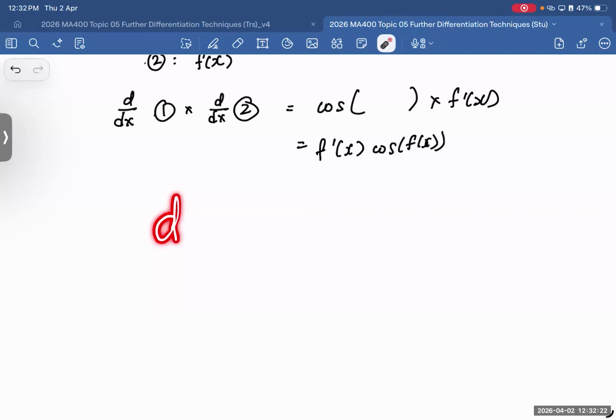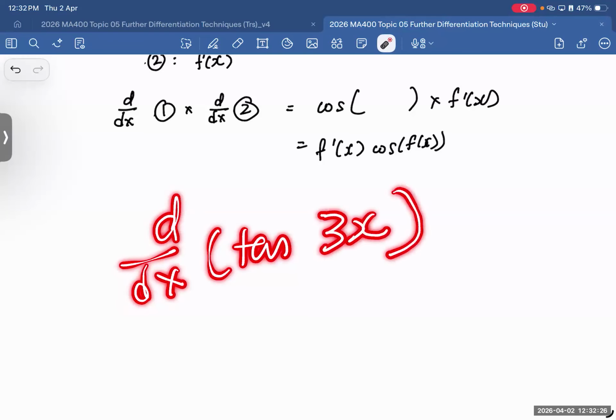Differentiate tangent 3x. Differentiate from outside to inside. It's okay when you're ready. 3 secant squared 3x, correct.